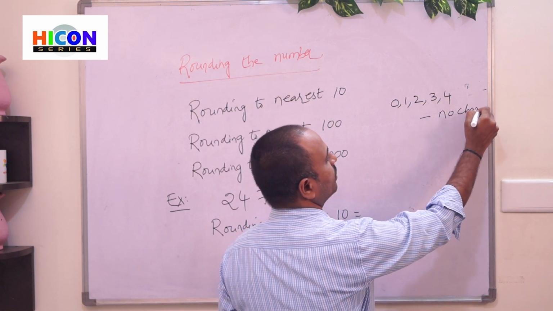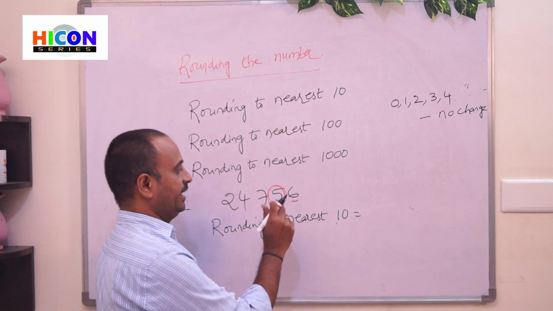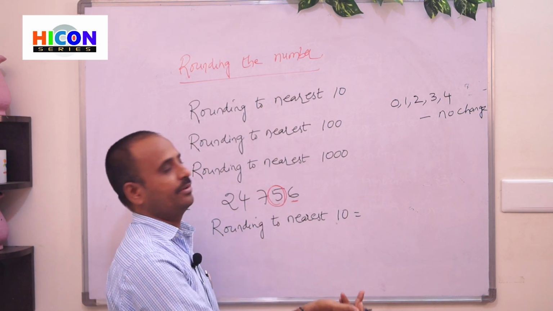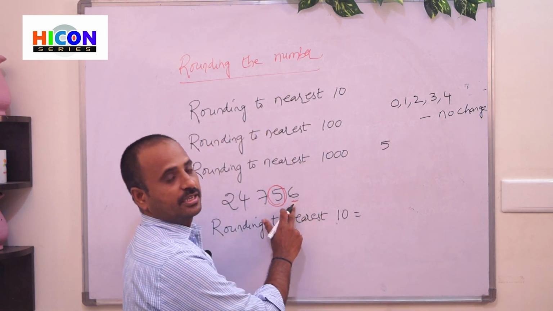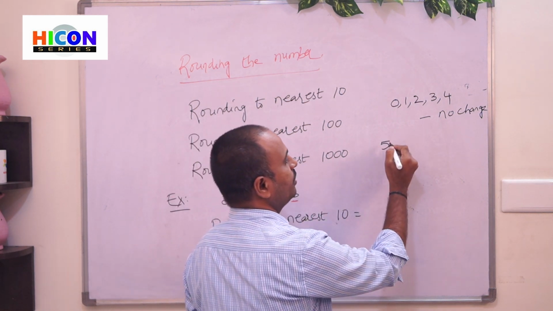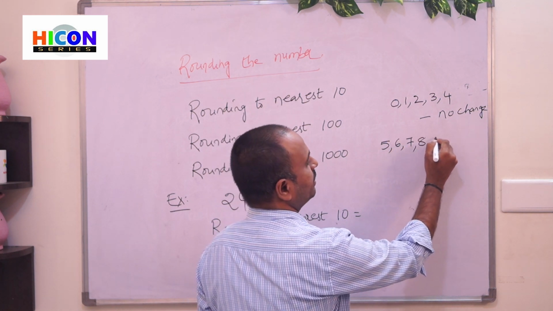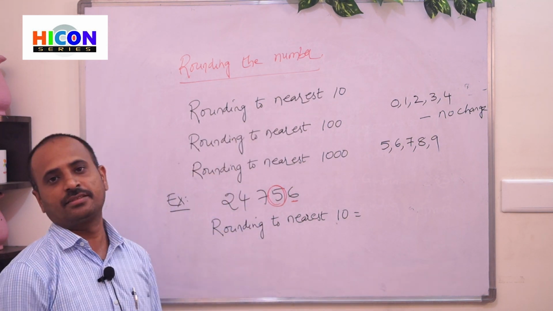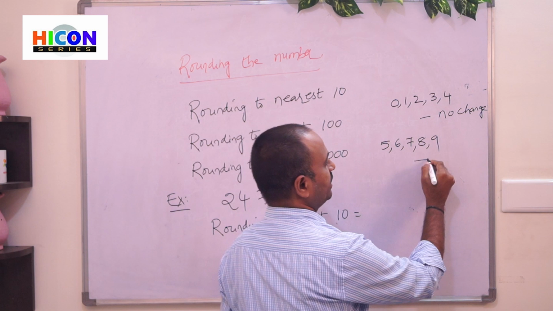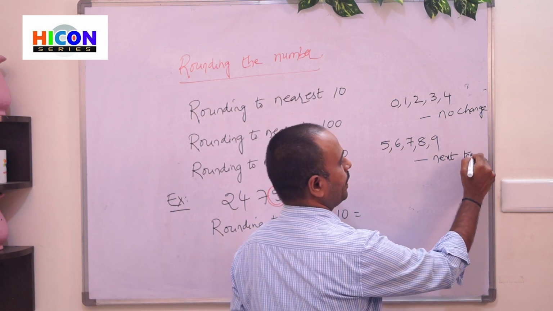We round the given number to the same tens. Or if the next digit is greater than or equal to 5, for example 5, 6, 7, 8, 9, then write the next tens.